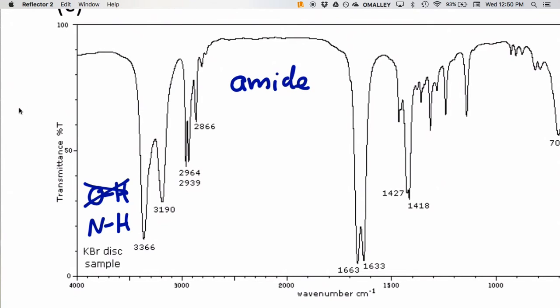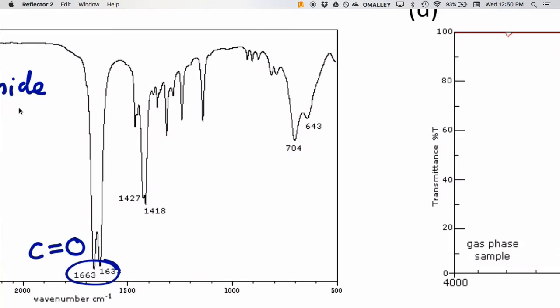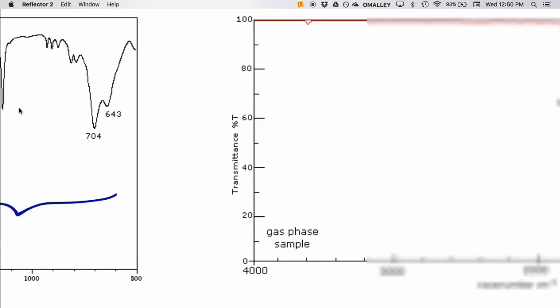And if I try to make sense of some of the rest of it, at around 3000 I have a CH single bond, and then at 1600s, high 1600s, I guess I have a CO double bond. 1600 might be a carbon-carbon double bond, but I don't have that in that amide structure. So it's sort of a combination of using the peaks to figure out the molecule and then using the molecule to figure out what the peaks are, going back and forth when it's this kind of matching exercise. And once again, we're not really going to pay attention to the fingerprint region in that.